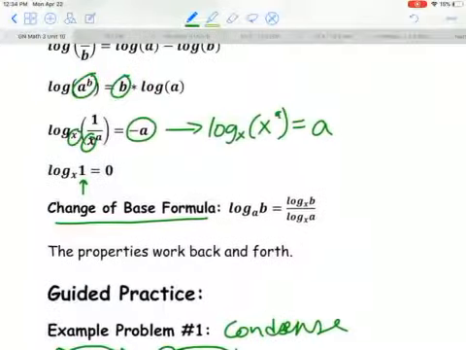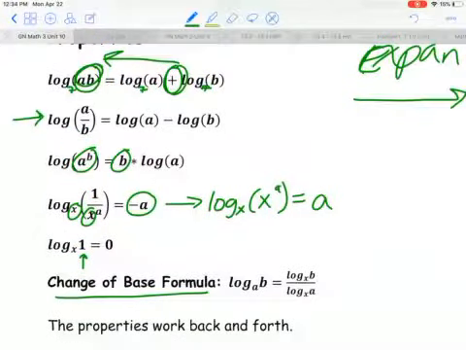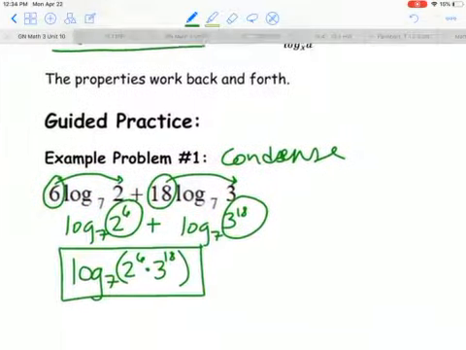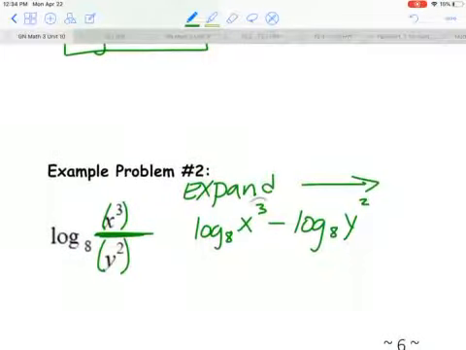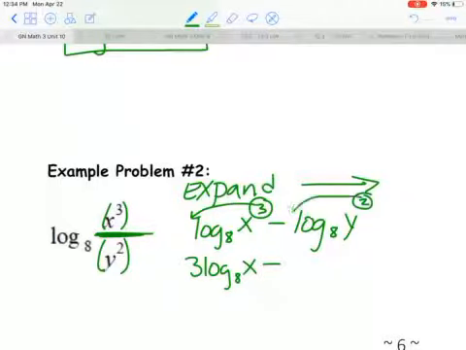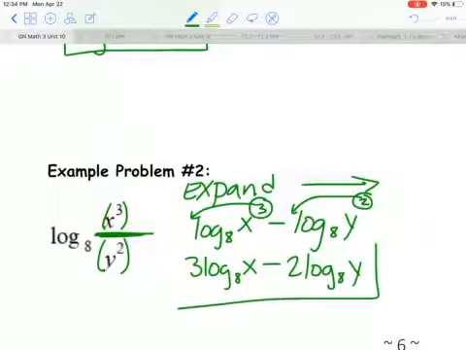So I used this rule right here, where division becomes subtracting. Once I have that, my exponents can move down. So that 2 moves in front. If there's anything in front already, they multiply. And that's it. Whether they're letters or numbers, you do the exact same stuff.